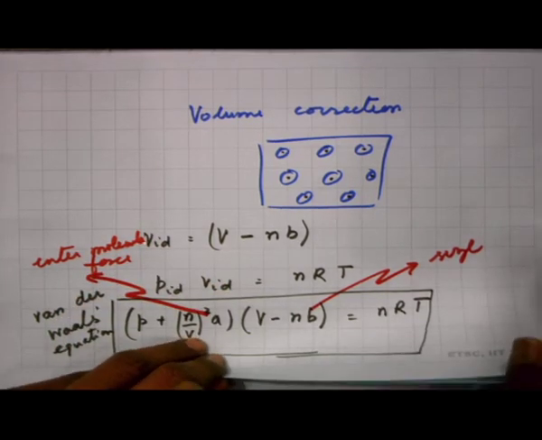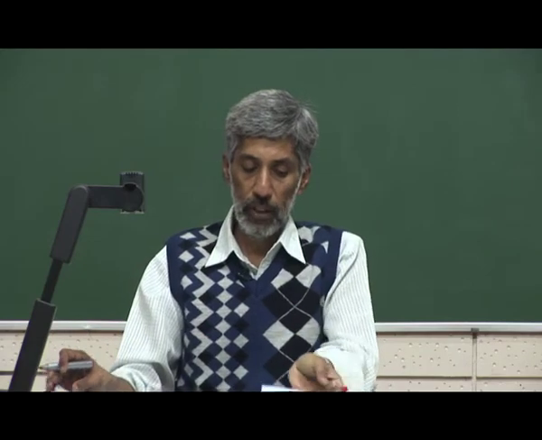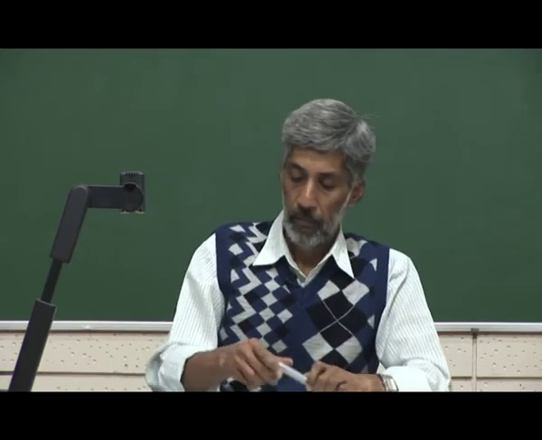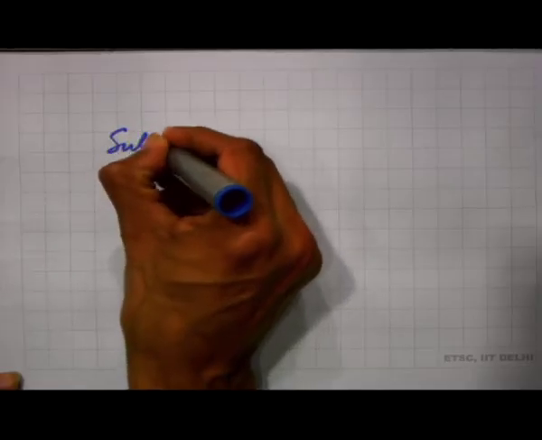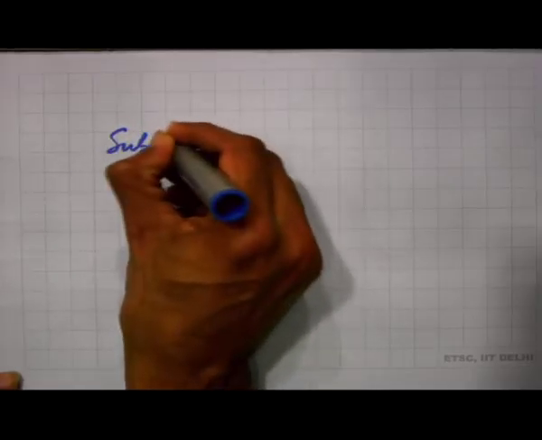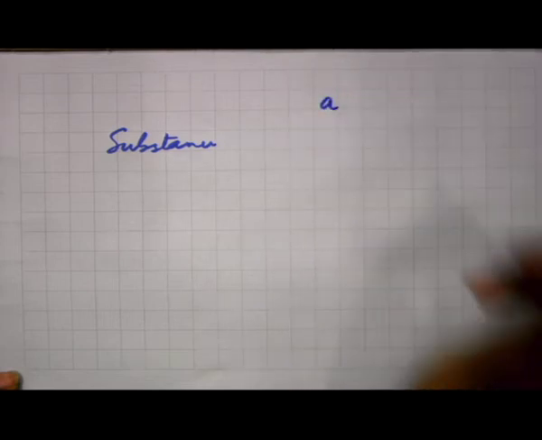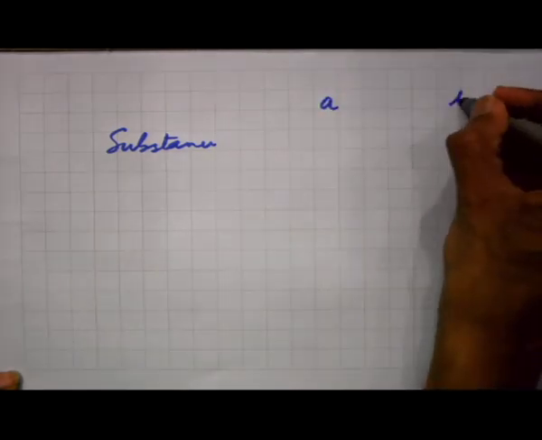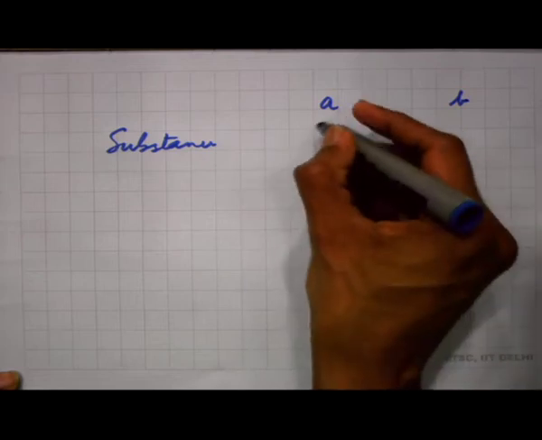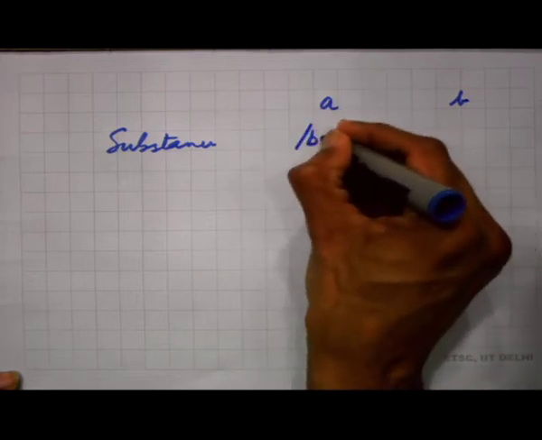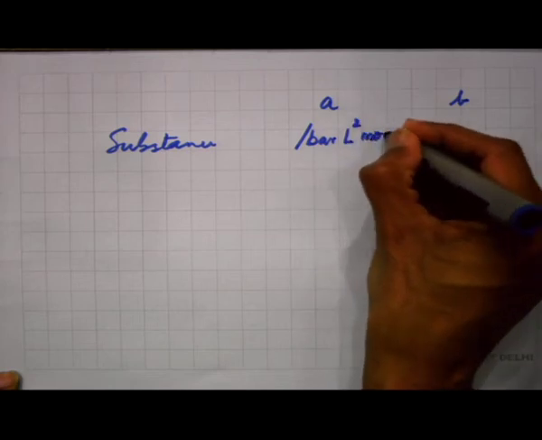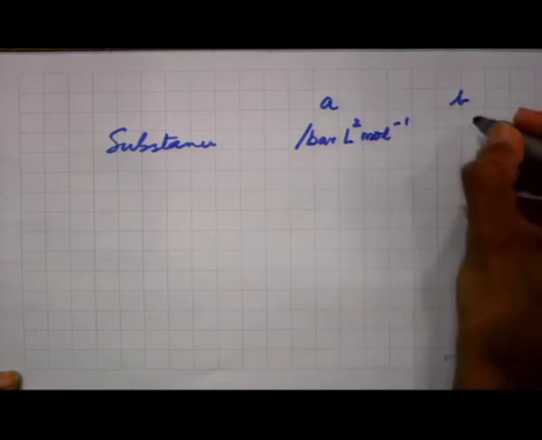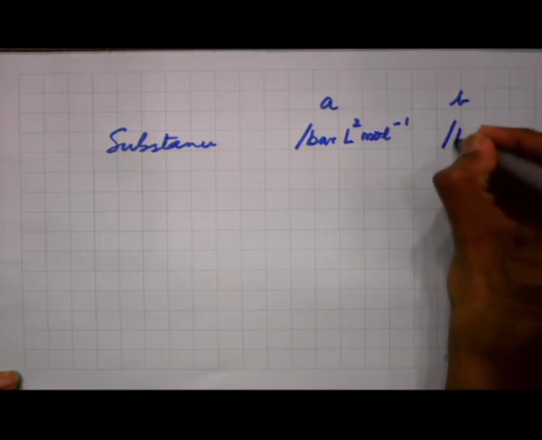Now, let us take a look at some of the numbers that we have for these parameters A and B. You do not have to memorize them, but it gives you a sense of the numbers that we have got. I have A here and I have B here. A is given in bar liter square per mole and B is given in liter per mole.